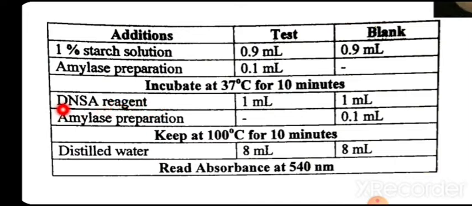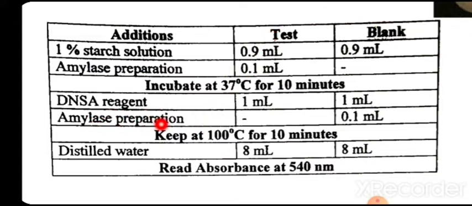Here again we need to add DNSA reagent in the quantity of 1 ml to the test tube. Similarly, it is to be added in 1 ml quantity to blank, because we know that this DNSA reagent is a coloring reagent.